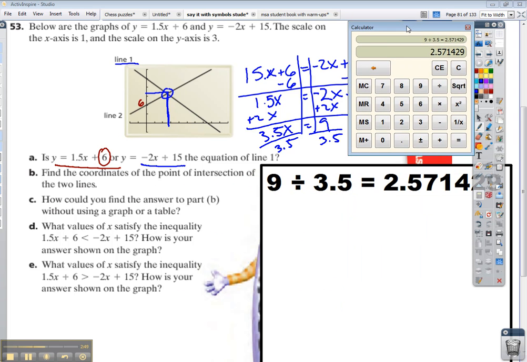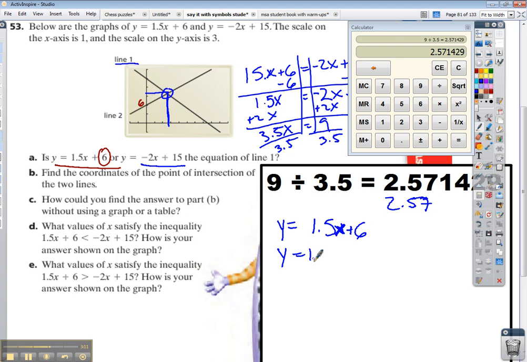So I'm going to plug in 2.57 to one of the equations, and I'll find out my y value. So I have y is equal to 1.5x plus 6. So I'm going to plug that in.